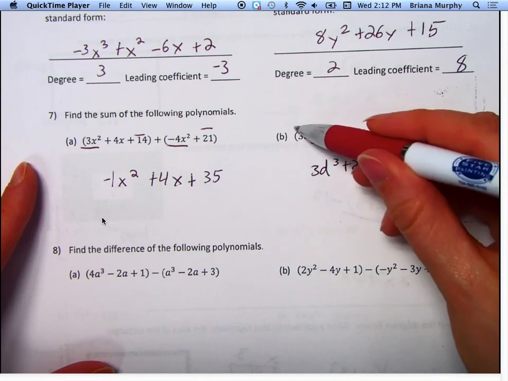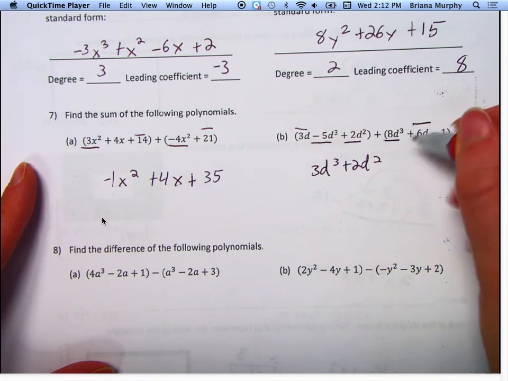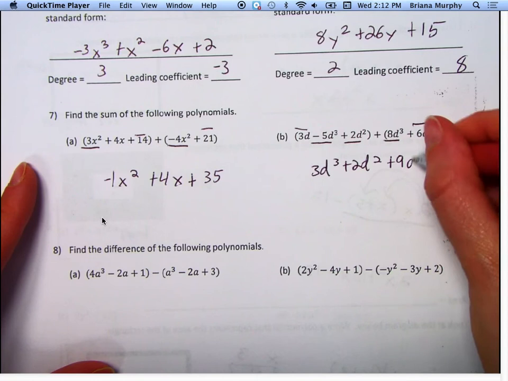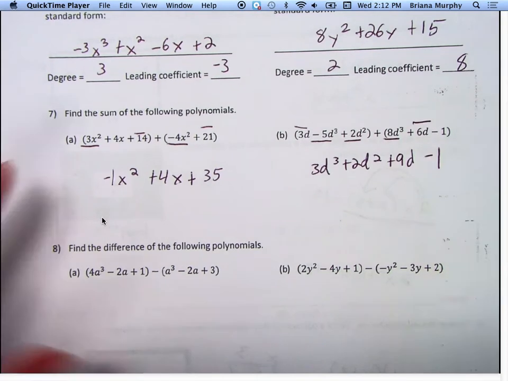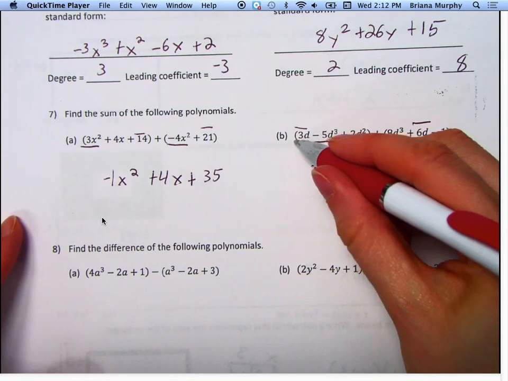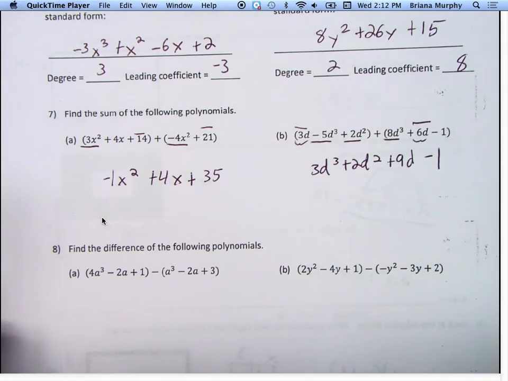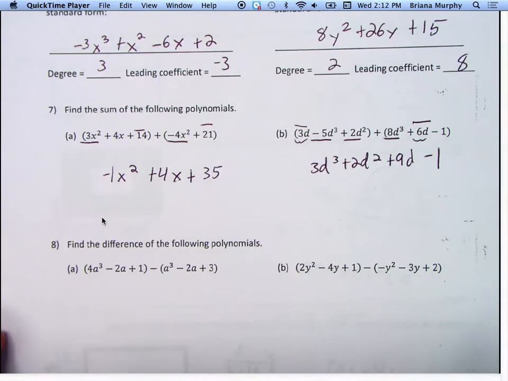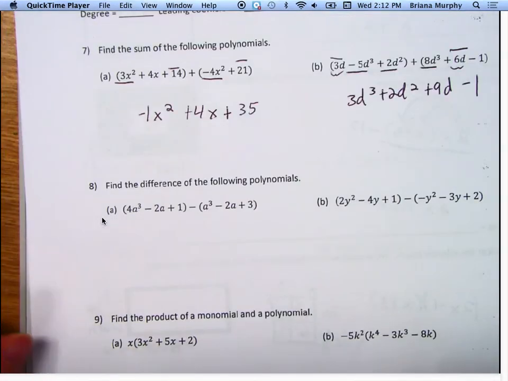Okay, and then we have 3d plus 6d, which gives me 9d, as in d.